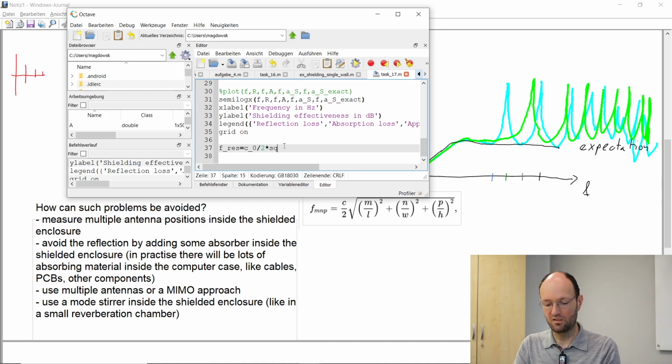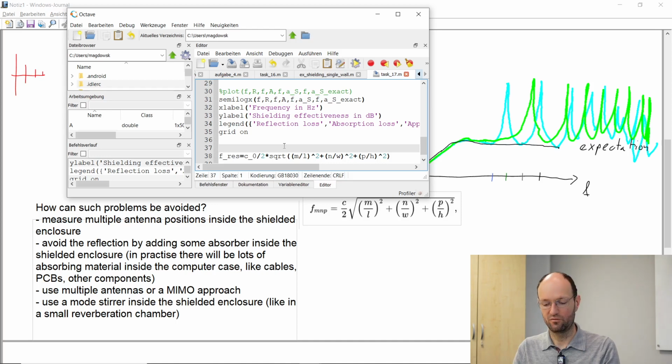And now this multiplied with the square root of M divided by L squared, and now I will copy this, plus N divided by W squared plus P divided by H squared, and the square root of this term.